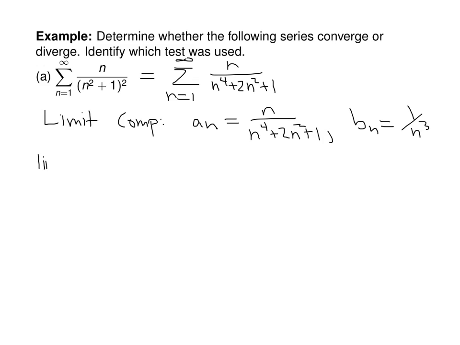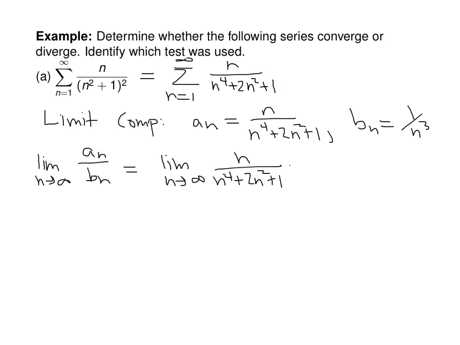And let's find the limit as n goes to infinity of a sub n over b sub n. That will be the limit as n goes to infinity of n over n to the 4th plus 2n squared plus 1 multiplied by n cubed over 1, which is n to the 4th over n to the 4th plus 2n squared plus 1.